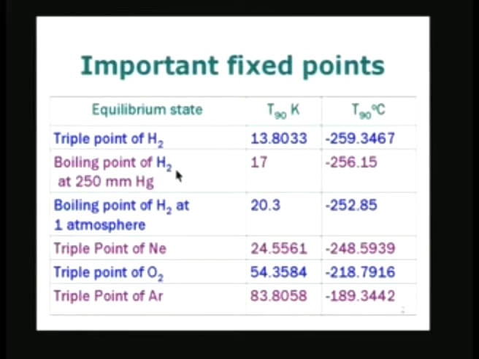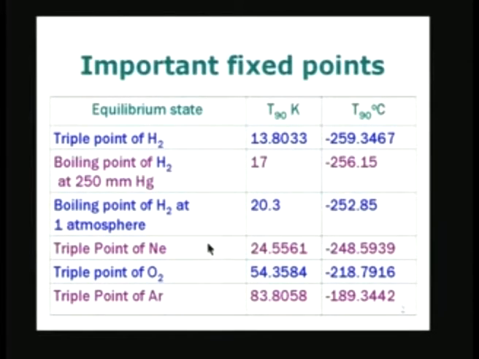Then we use the boiling point of hydrogen at 250 millimeters of mercury, which gives a temperature of 17 Kelvin, or minus 256.15 degrees Celsius. Then the boiling point of hydrogen at 1 atmosphere corresponds to 20.3 Kelvin, or minus 252.85 Celsius.